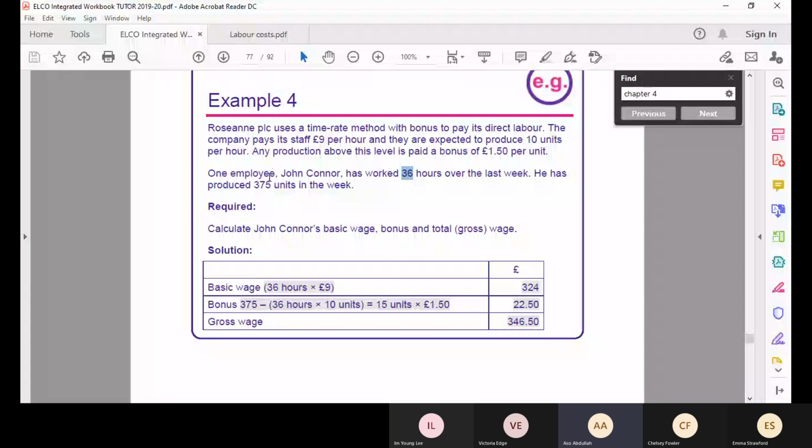So it means 15 units extra. So 15 times £1.50 means £22.50. So the total or gross wages for the week is £346.50.